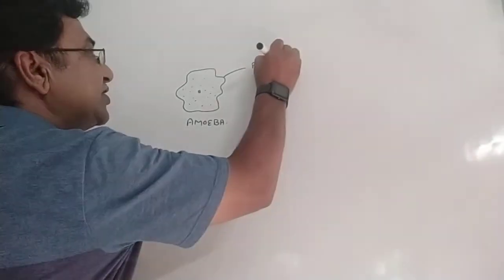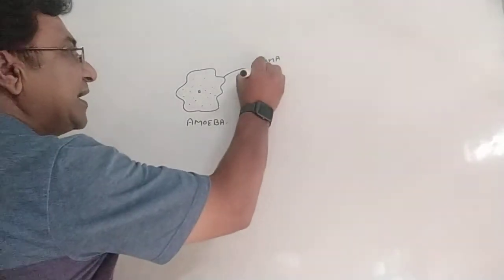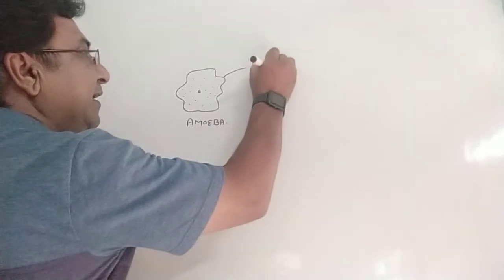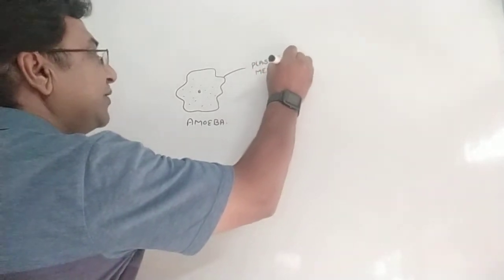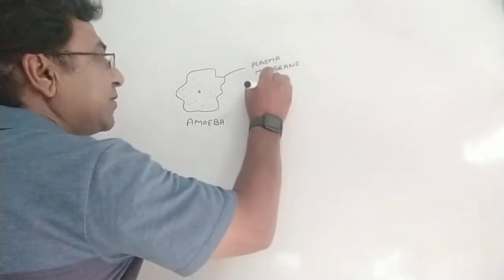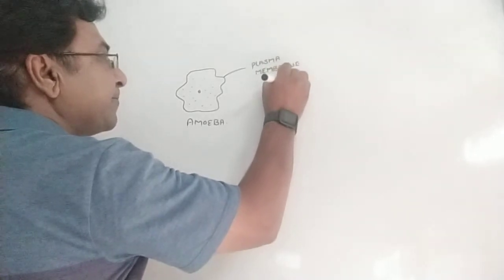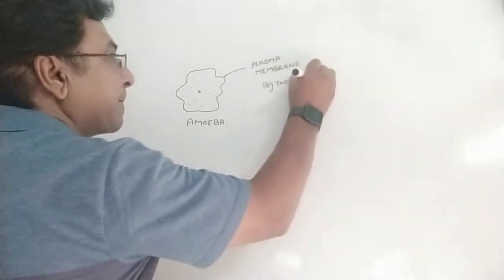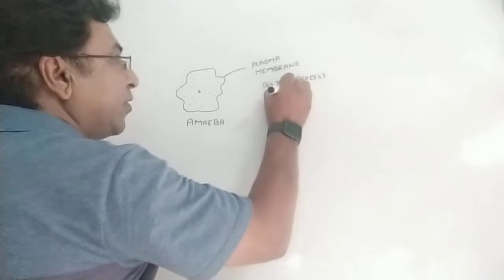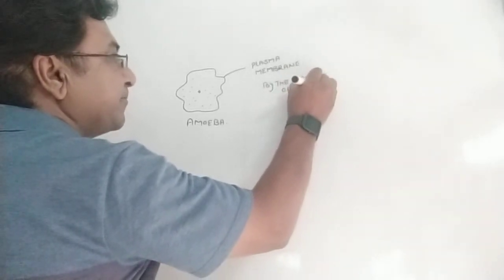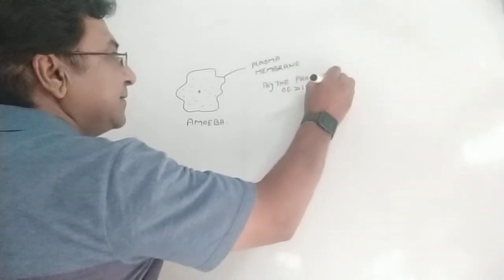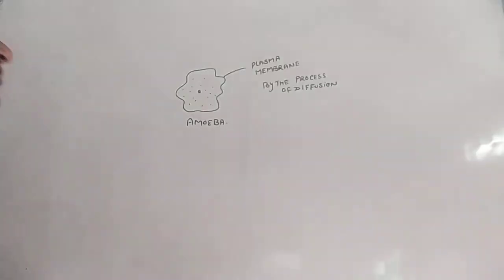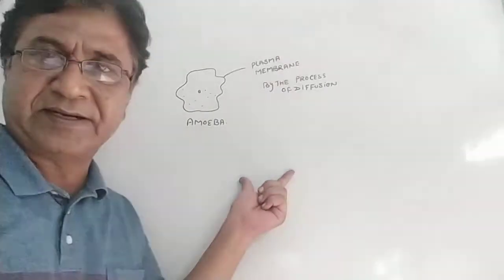The gaseous exchange in amoeba takes place through the plasma membrane, again by the process of diffusion, right? So it is again a passive kind of transportation, no energy is spent.